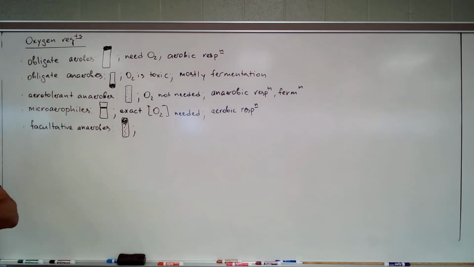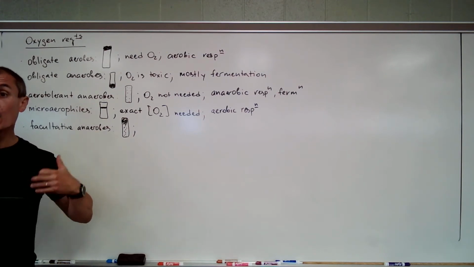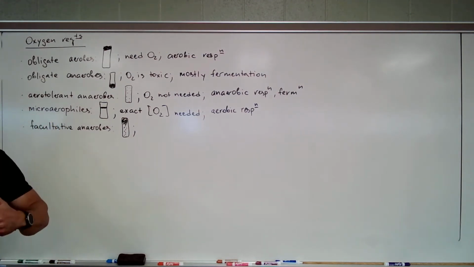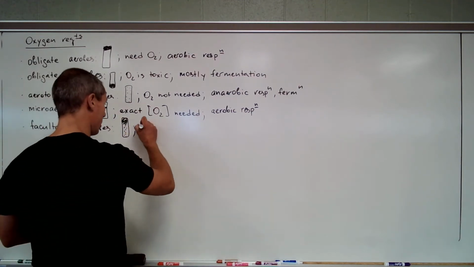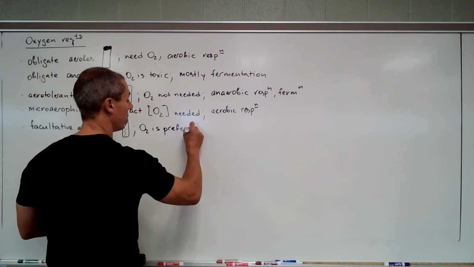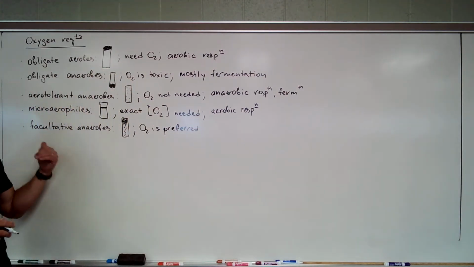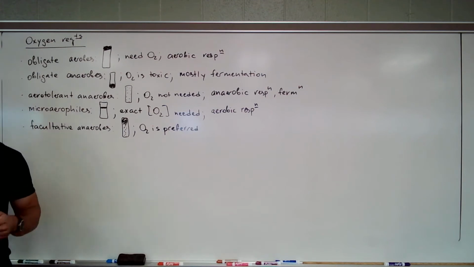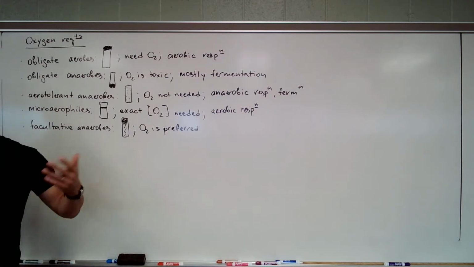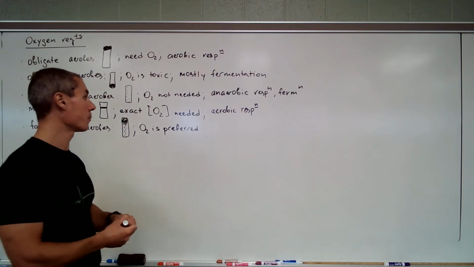Can it grow without oxygen? Yes, but it grows better with oxygen. So we can say that oxygen is preferred. E. coli, Staphylococcus aureus, they are facultative anaerobes. You grow them in anaerobic conditions, fine. You grow them in aerobic conditions, fine.